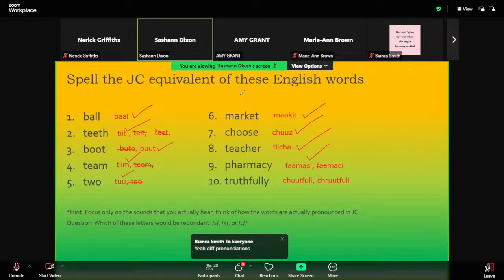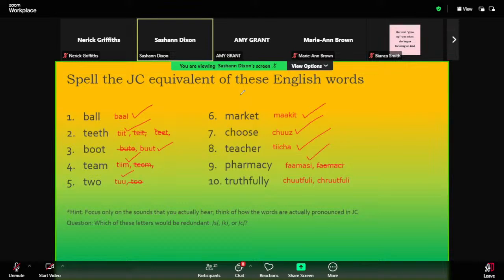So to represent my pronunciation, it would be option 1, truthfully. Option 2 is truthfully, with that R sound in there after the CH sound. So it depends on which one you are representing.